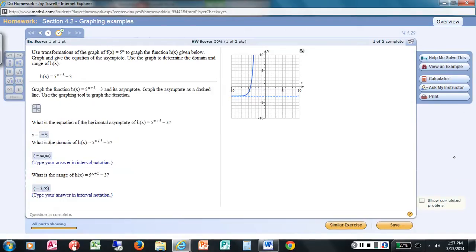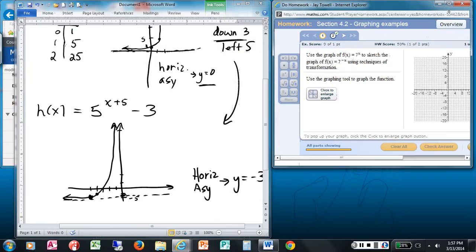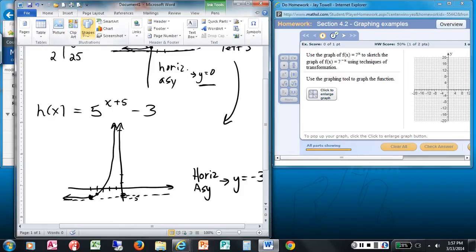Now I wanted to show you one more on this real quick here, and that is how you do the ones where we have the decreasing hockey stick. I want to sketch the graph of f of x equals 7 to the negative x, and like we said, that one's just going to be a whole different graph.